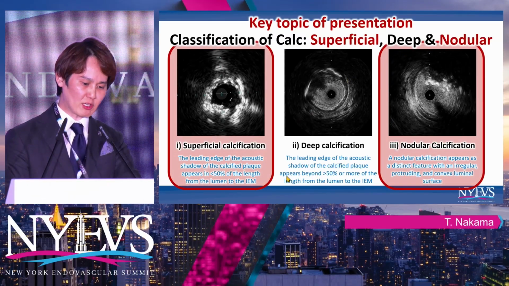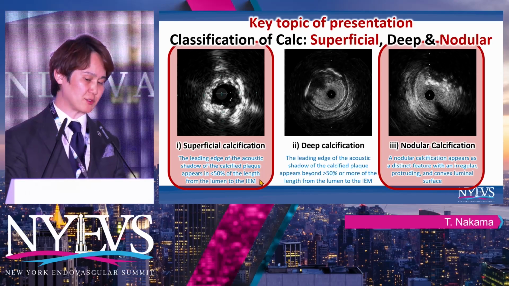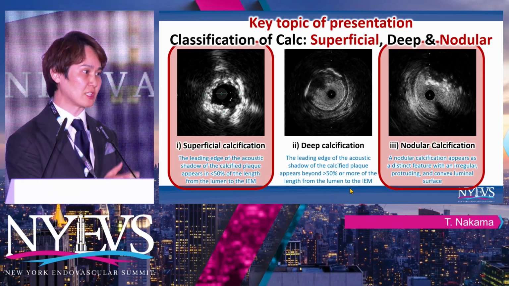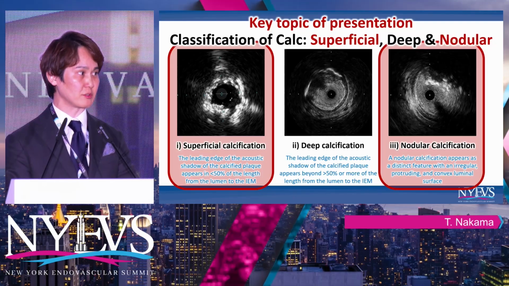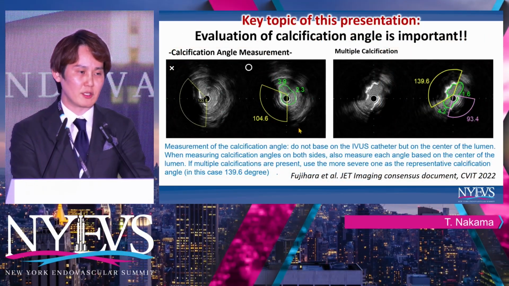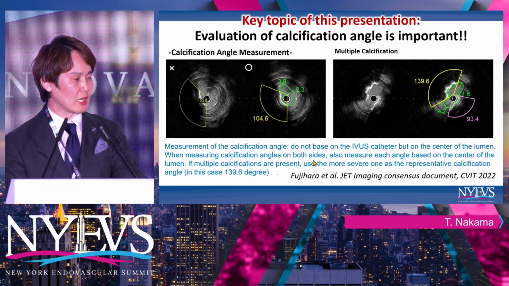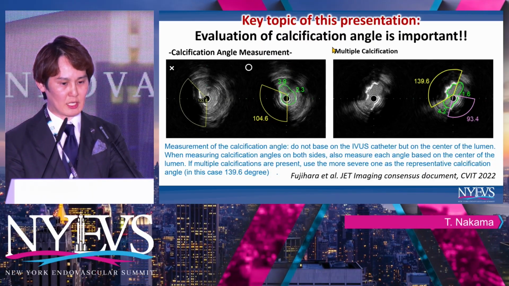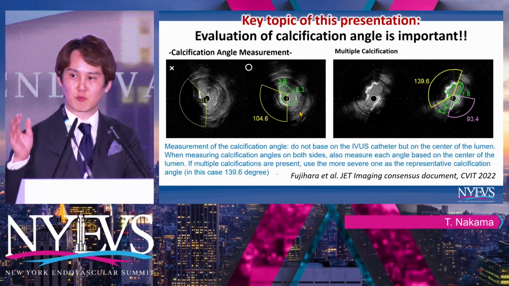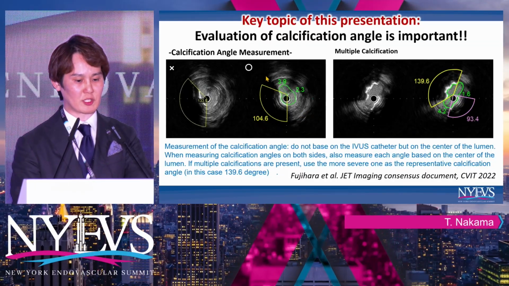Especially, presence of superficial calcification and nodular calcification strongly affects the result of lesion preparations. If you evaluate superficial calcification, you have to focus on the depth of the calcified arc.